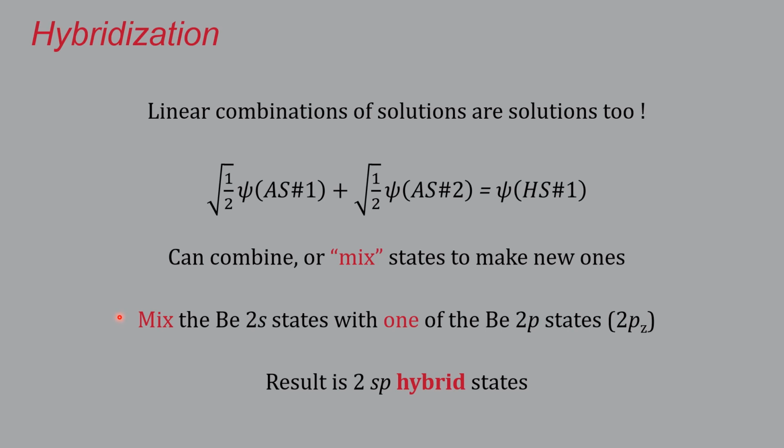So if we're mixing two of these original atomic states, we get 2 hybrid states. And the hybrid states are usually named after the original atomic states that were used in their creation. So in this case, if you're mixing an S state with a P state, we call that, for what I hope are fairly obvious reasons now, an SP hybrid.